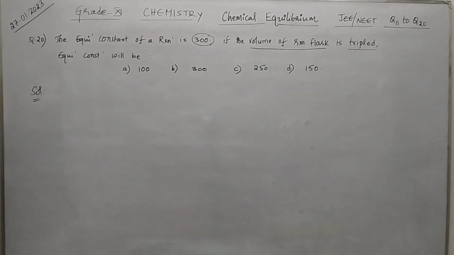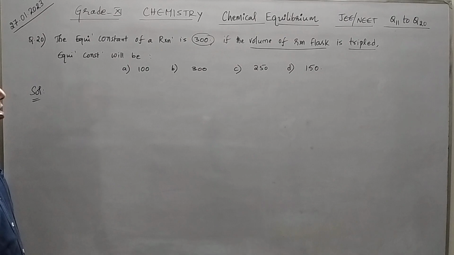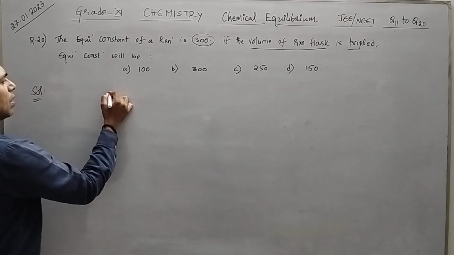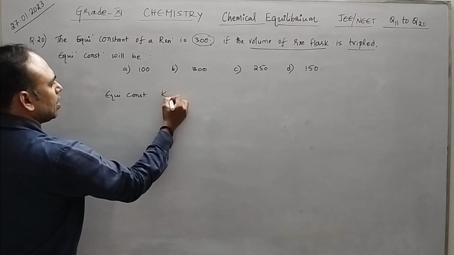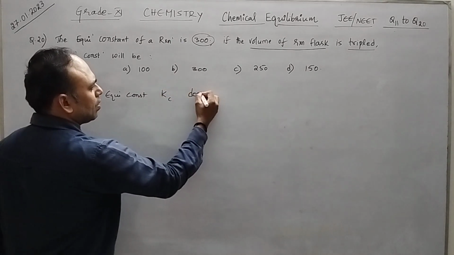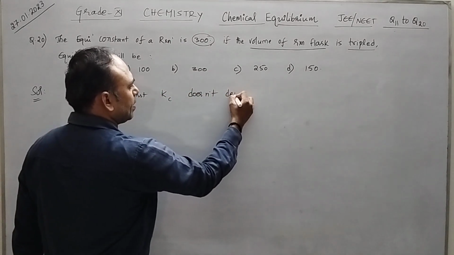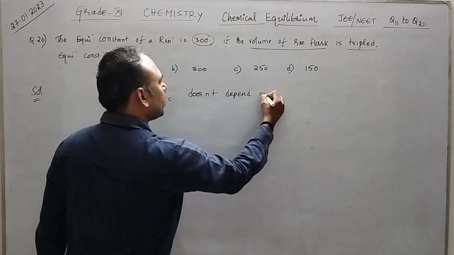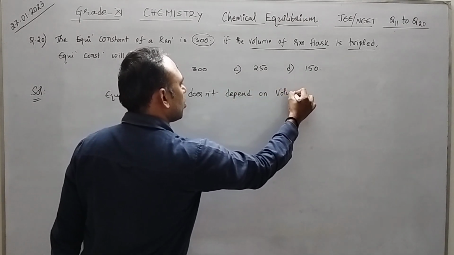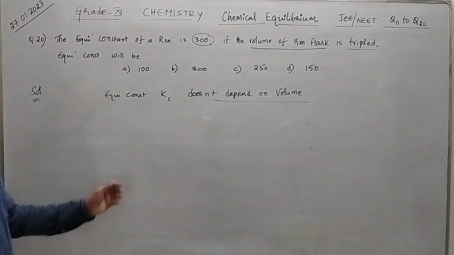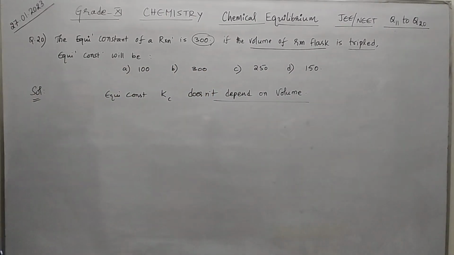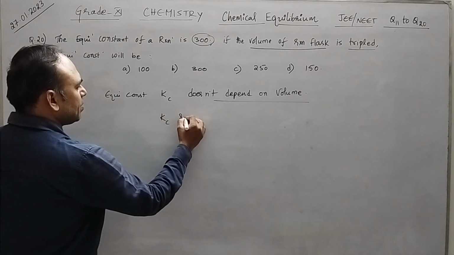See, no need of any calculations, because we know that the equilibrium constant Kc does not depend on volume. So it is independent of volume. Even if it is tripled or doubled, Kc remains constant.